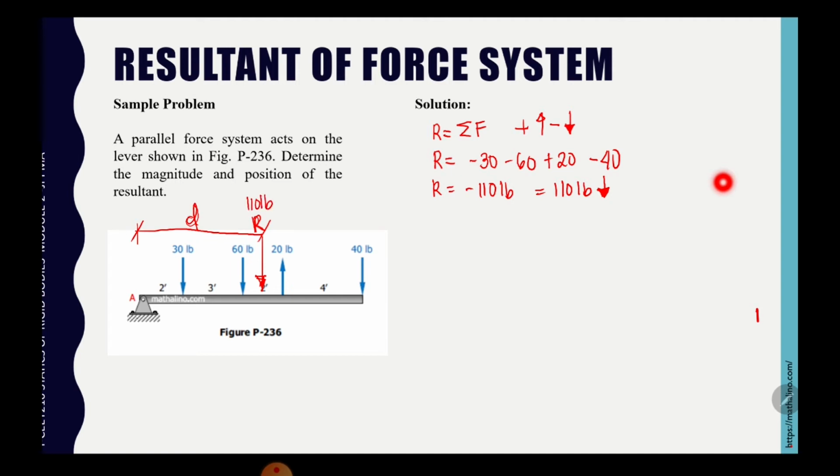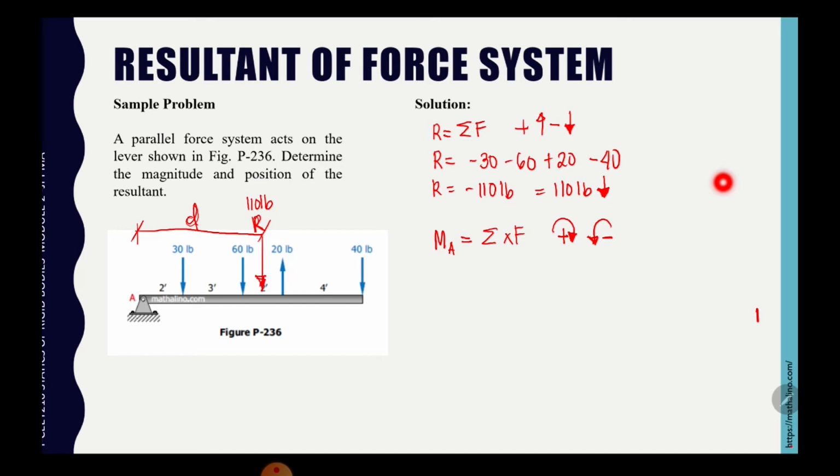So, paano naman natin makukuha yung distance na yan? Doon na papasok si moment. Si moment, meron siyang summation of moment at A, summation of XF. Lahat ng forces is kasama pero meron siyang distance. So, let's assume na ang clockwise ay positive and ang counterclockwise ay negative.